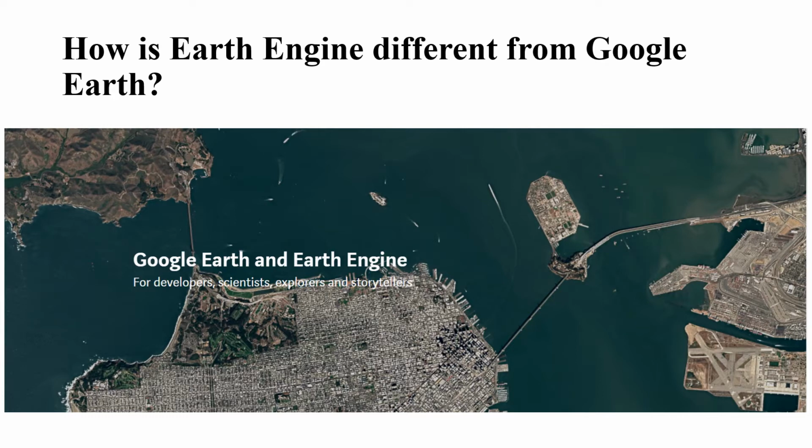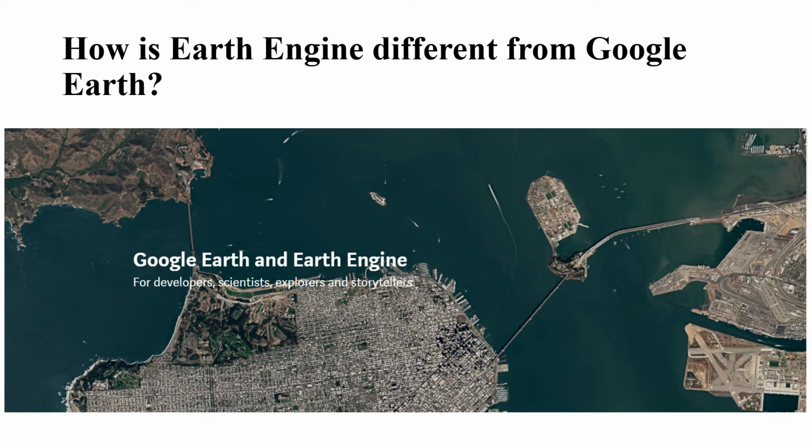Google Earth enables you to travel, explore and learn about the world by interacting with the virtual world. You can view satellite imagery, maps, terrain, 3D buildings and much more. Earth Engine, on the other hand, is a tool for analyzing geospatial information.